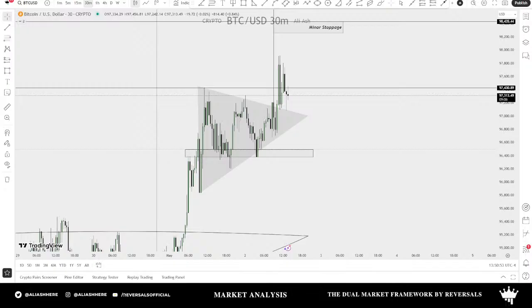Then it's retesting the structure again, and here we found another W. So if the candle body closes below this, then we have an issue, and this can be change of structure here. So we don't have to see that unless we have some bad news.